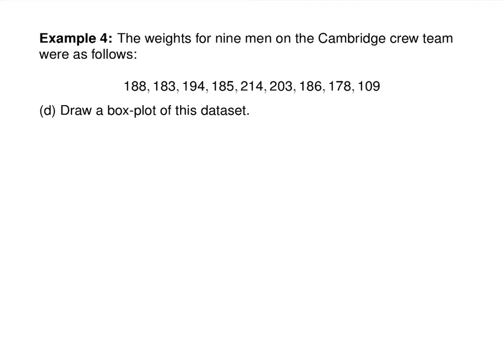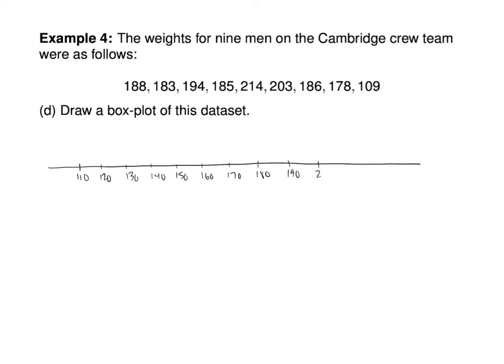Next, let's draw the box plot of this data set. So first we have to label our axes, and since our weights range from about 110 to 220, I'm just going to count by tens. So 110, 120, 130, 140, 150, 160, 170, 180, 190, 200, 210, 220. So weight in pounds.